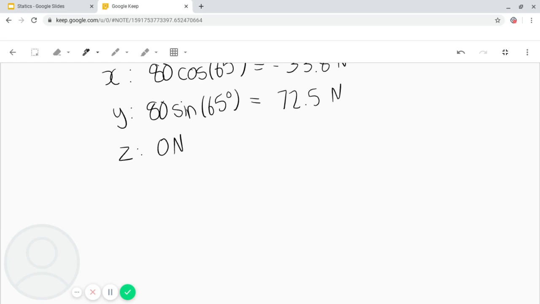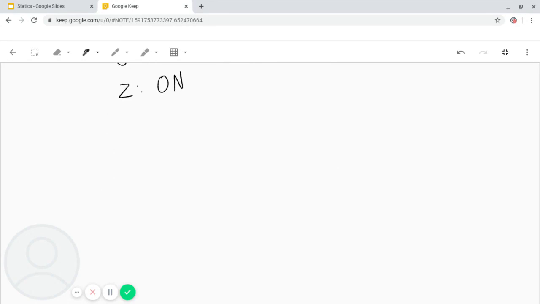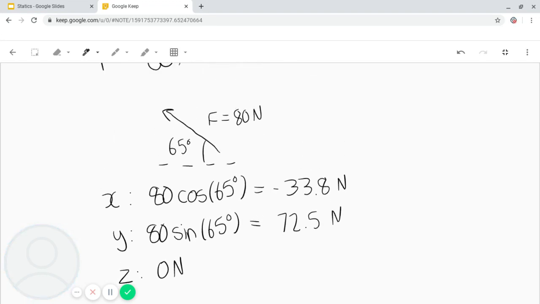So then we want to find a unit vector for this. Okay, so we have our force here. Actually, for this one, we don't need a unit vector. We already have the components of the force.